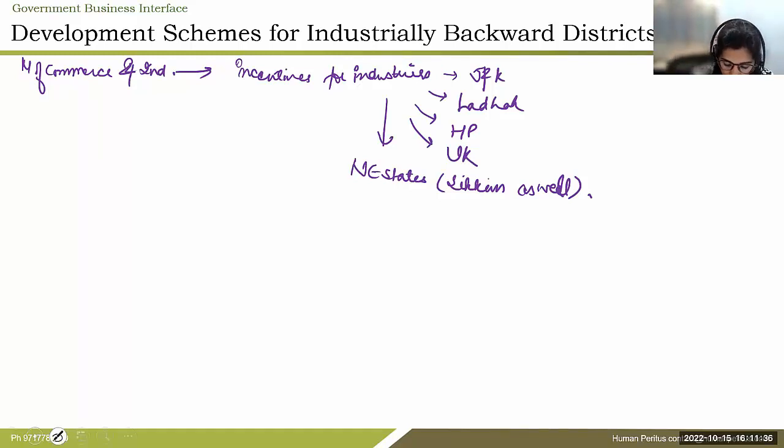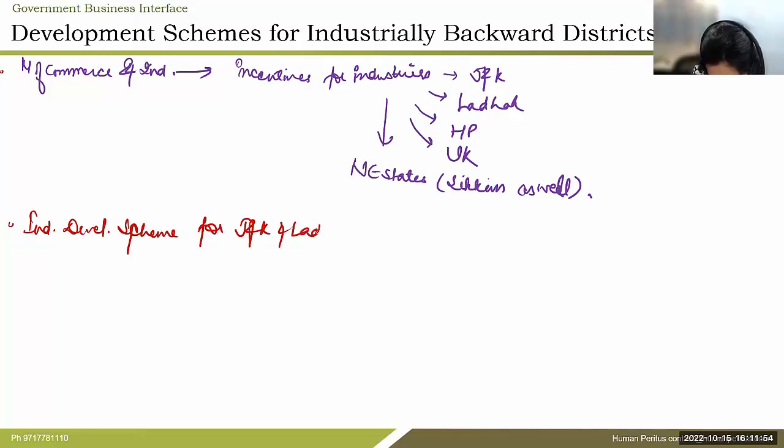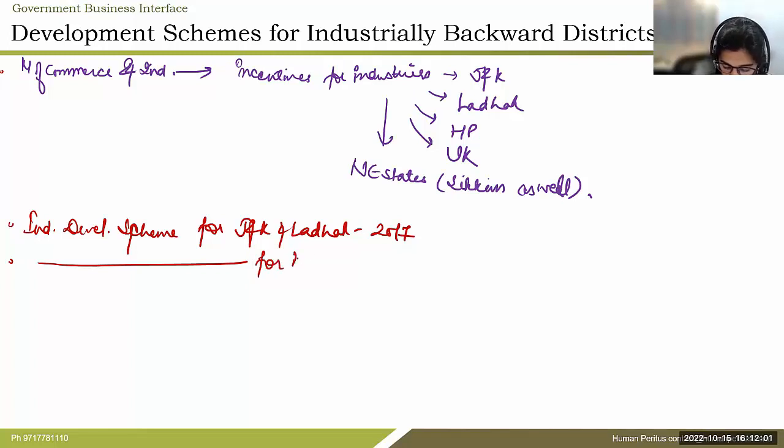So I will be writing down the various schemes which are there for these different states. There is the industrial development scheme for J&K and Ladakh, which was there in 2017. Similarly, there is a scheme for Himachal Pradesh and Uttarakhand.